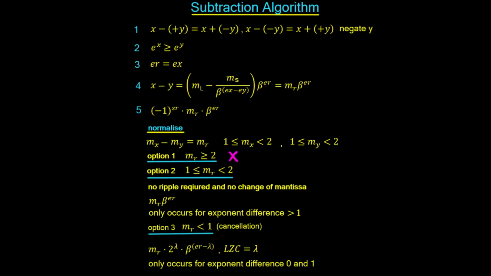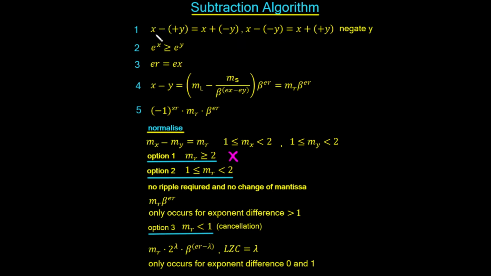So you can see, first of all, if we look at the subtraction algorithm, we did have the option here where we had a plus and minus button. So this would be given by, in effect, the symbol here. So if it was x minus the value of y, in order to do that minus, we add on the negation of y. So that's the same as x plus minus y.